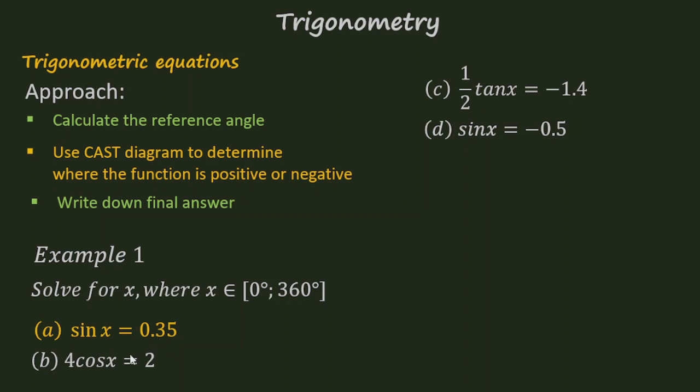Now, to solve a trigonometric equation, you must make sure that you only have one trigonometric ratio on the left and some numeric value on the right.